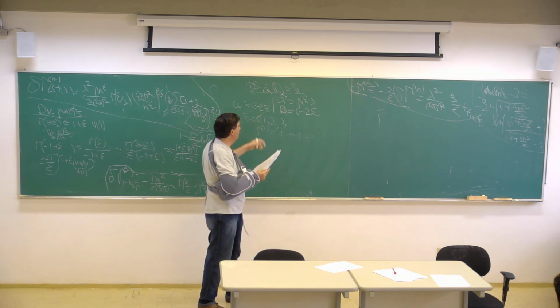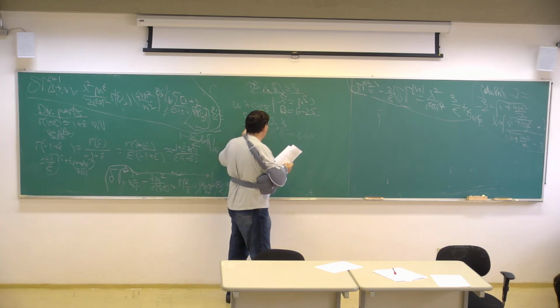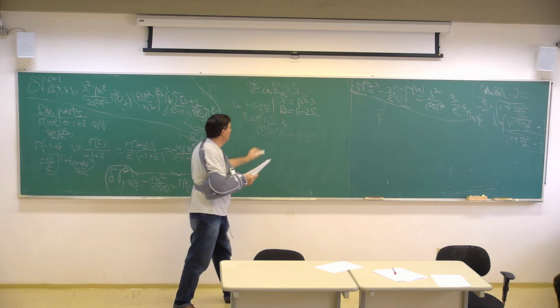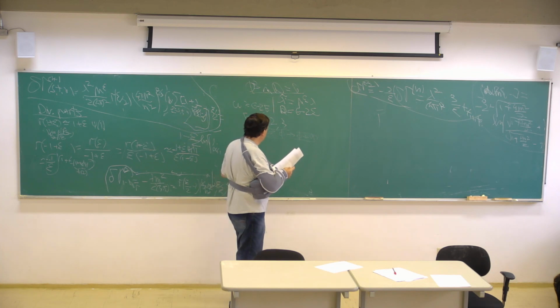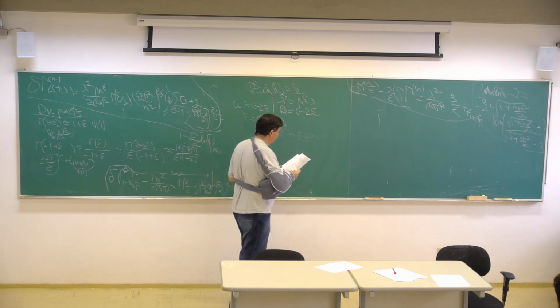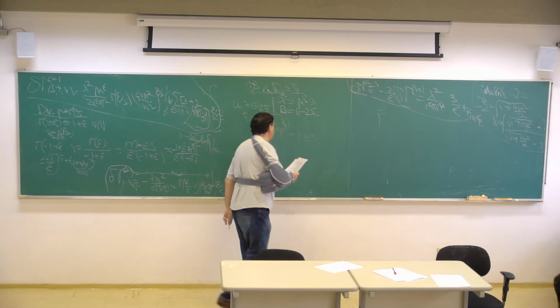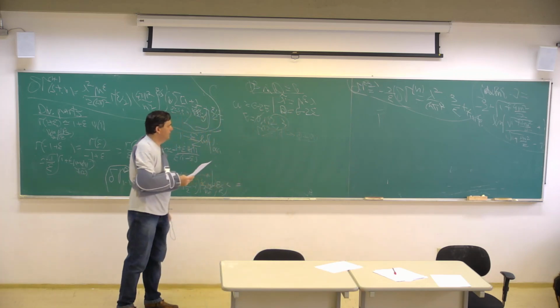So it doesn't really redefine any parameter of the theory, and therefore we'll just ignore it. So the only gammas that are relevant are gamma 2 and gamma 3.